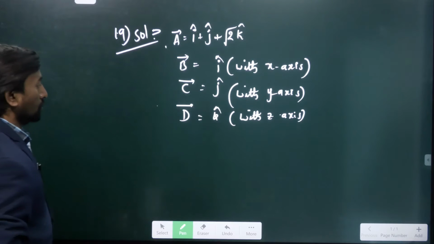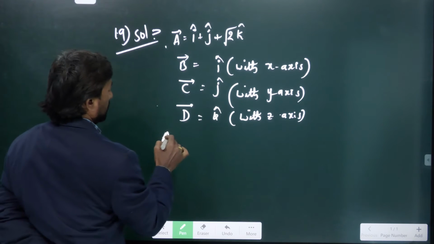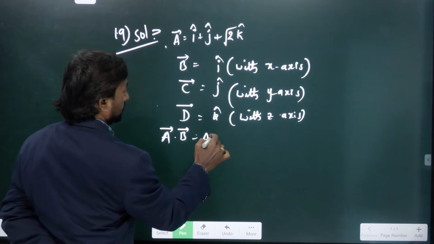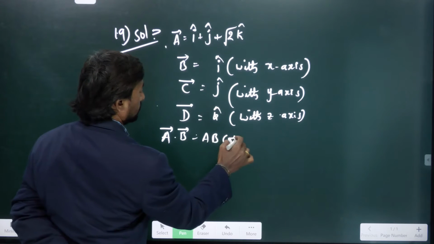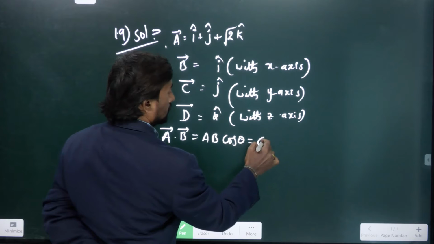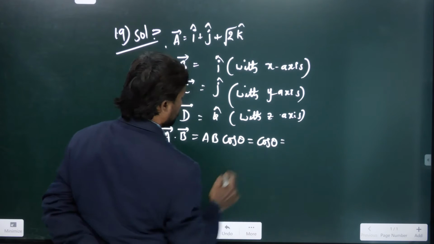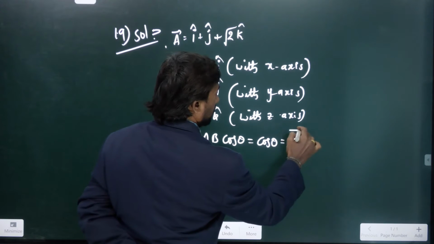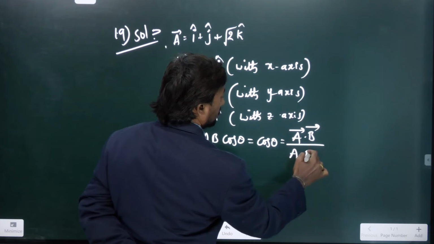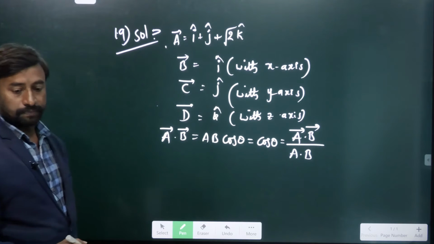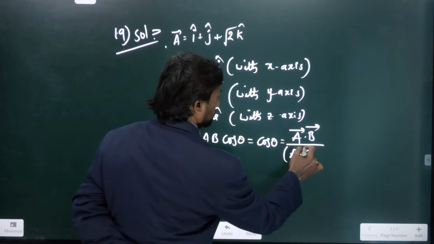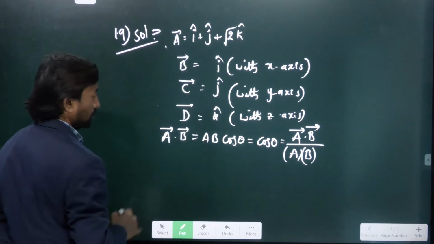We know the formula: the dot product a bar dot b bar is equal to ab cos theta. So cos theta is equal to a bar dot b bar divided by modulus a into modulus b.